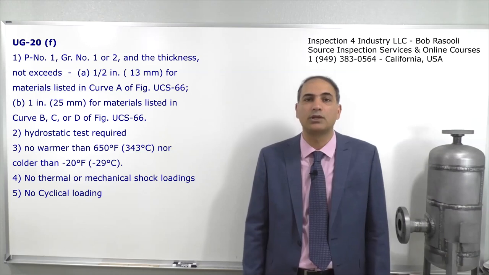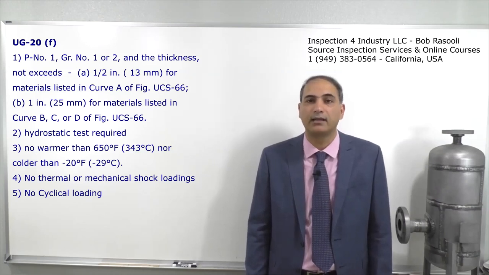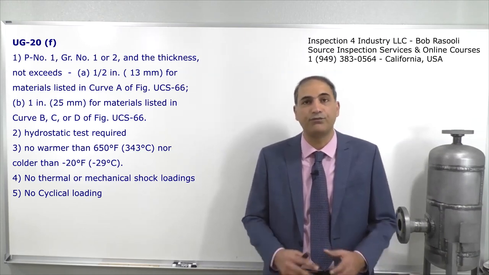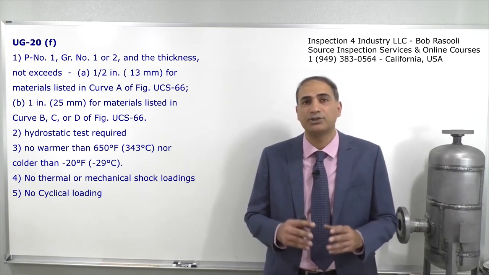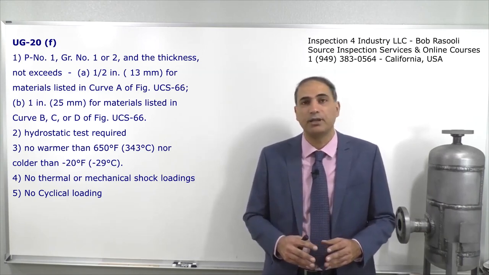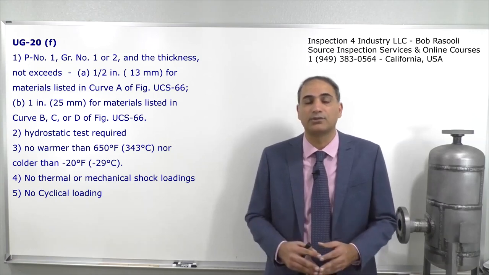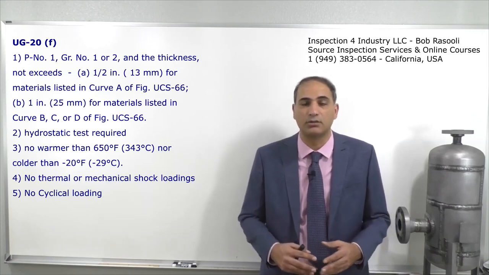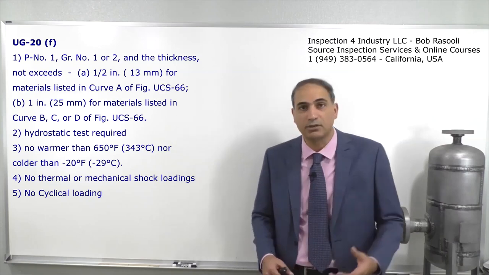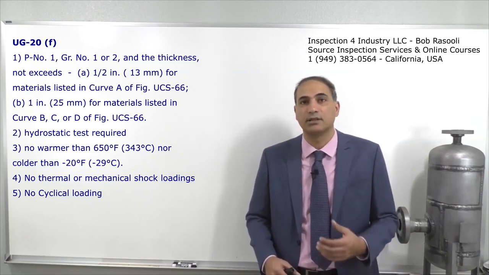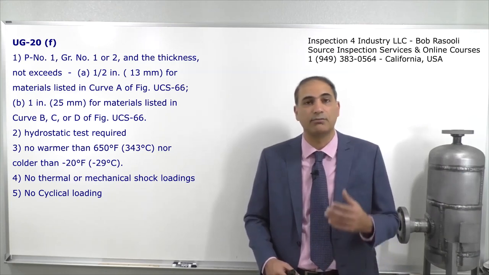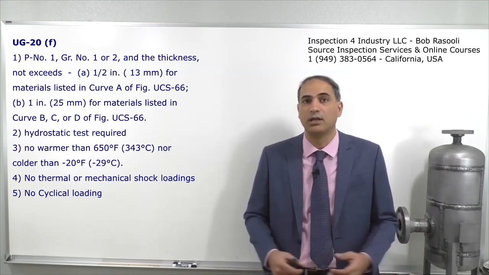The other one is no thermal or mechanical shock loading. If you want to use UG-20(f), your pressure vessel shouldn't be under loading like thermal loading or mechanical shock. Sometimes the compressor works and makes some surge on the pressure vessel and creates vibration or some loading or thermal shock.